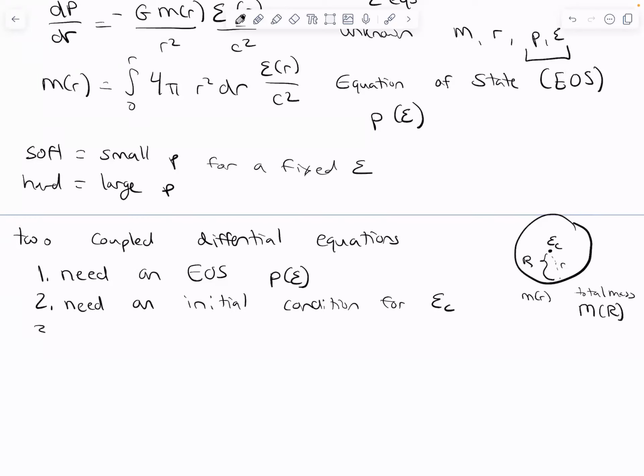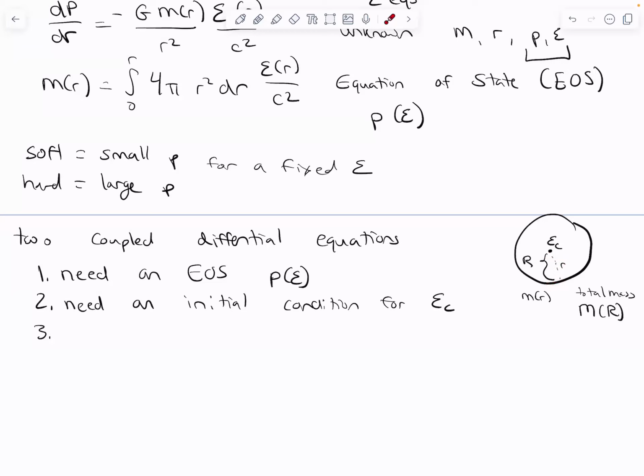Good. And now I need a third thing. I know where to start my integration for these coupled differential equations, but I also need to know where to end. If I start from here and integrate outwards, what happens at the surface of the star is that we don't have any pressure anymore. We've come to the surface, there's nothing that's pressing anymore.